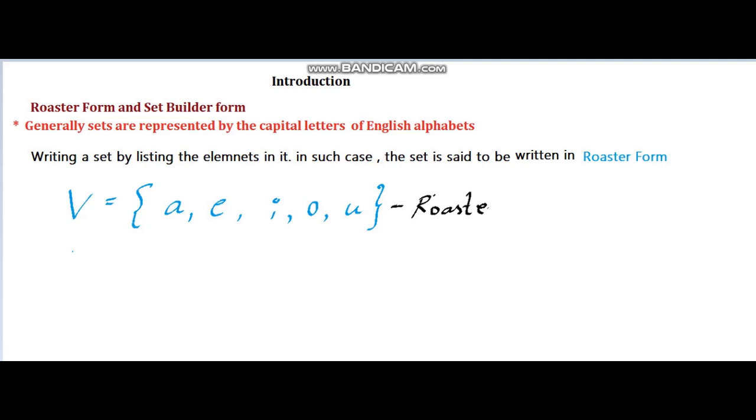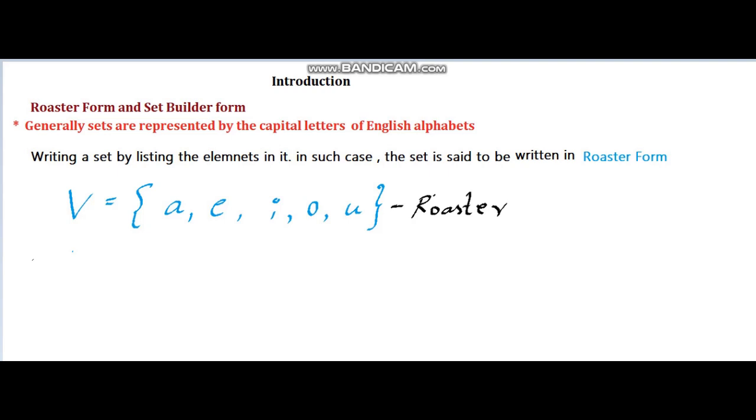Now what is set builder form? Set builder form is representing the elements with a particular rule. If we represent the elements which are present in the roster form, we should follow some rule.